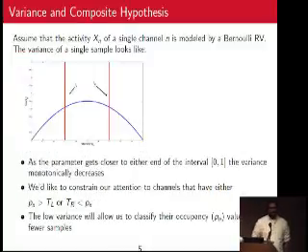So it turns out that the answer to this question is hidden in the assumption of the activity being a simple Bernoulli random variable. If I assume that the activity of a single channel is a Bernoulli random variable, then the variance looks like this. And what's going on here?